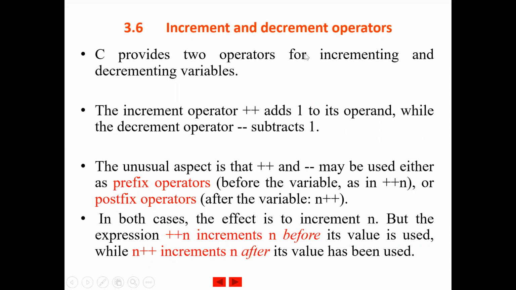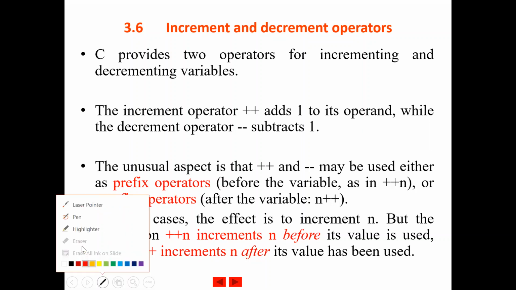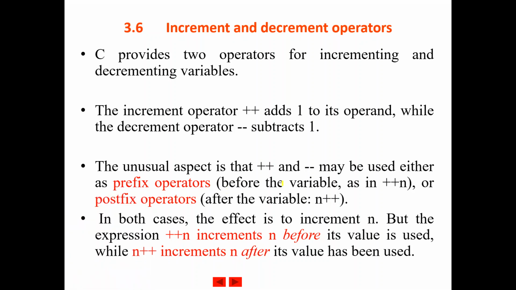We have used the increment operator many times in our looping examples, without knowing it. The increment operator adds 1 to the operand, so it will increment the value of the operand by 1. The decrement operator will decrease the value of the operand by 1, so it will subtract 1.